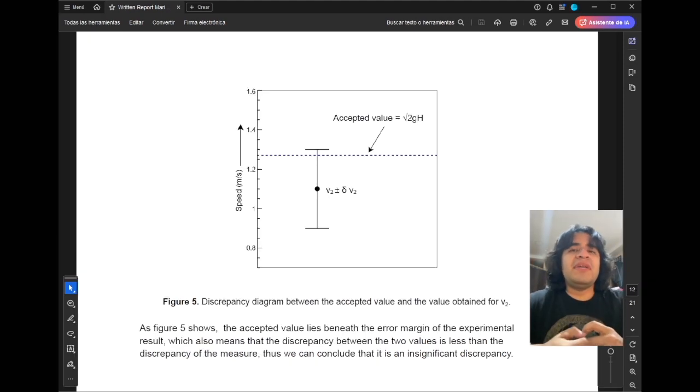Here, figure 5 is basically a diagram that shows the discrepancy between both values that were obtained, the theoretical value and the experimental result. Note here that the accepted value falls into the calculated error margin, which leads us to conclude that there is insignificant discrepancy with respect to our experimental value.